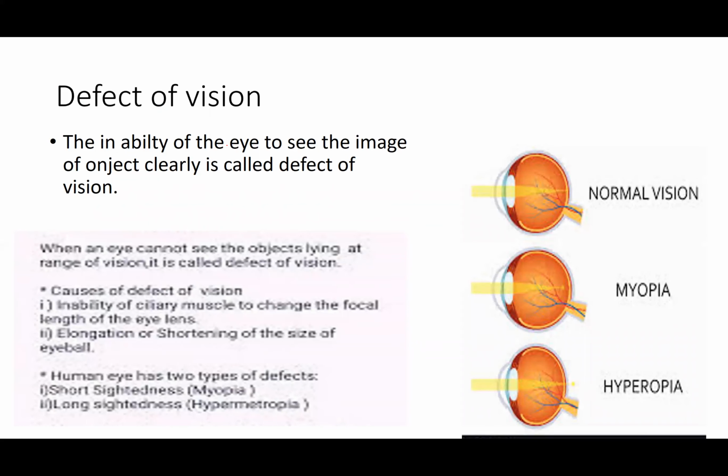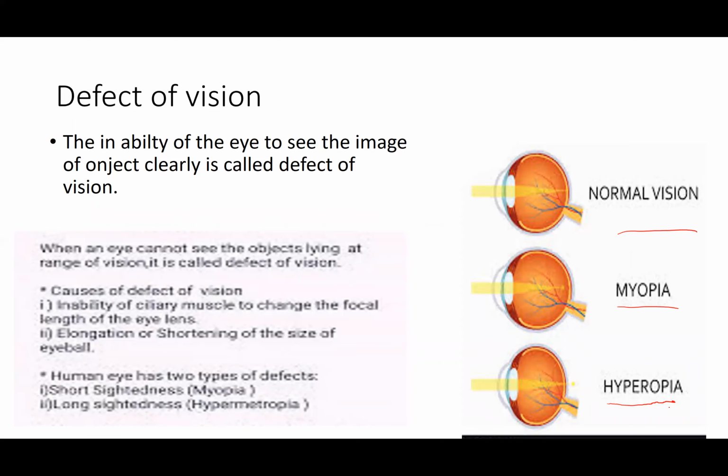Now, defects of vision. This is the normal eye, myopia, hyperopia, short-sightedness, and long-sightedness. The inability of the eye to see the image of an object clearly is called defect of vision.